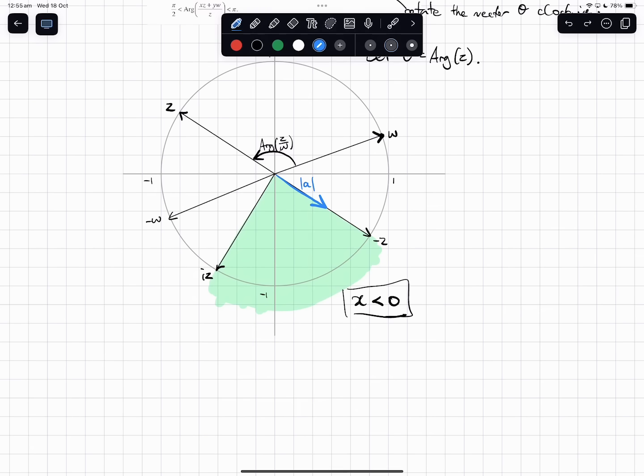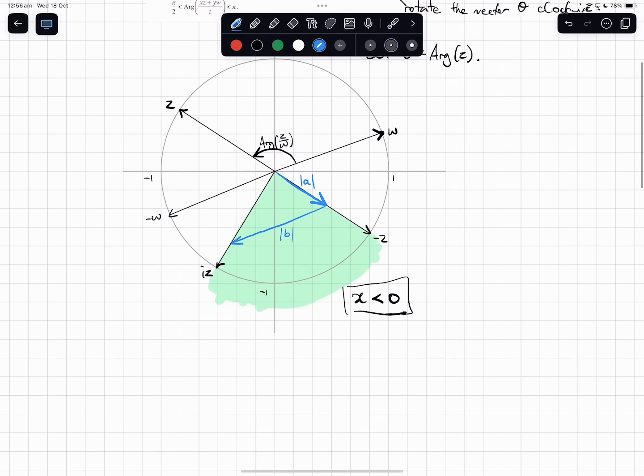So how far is too far is the question. What's the maximum length of this guy? Let's call that absolute value of B. I'm going to try and find the length of B, given this value A.